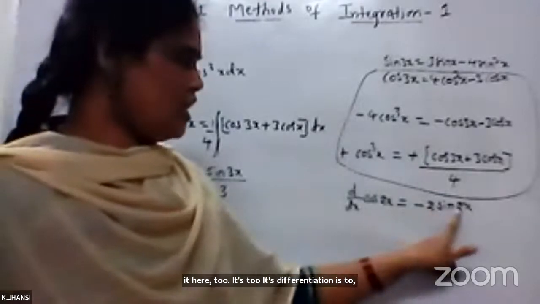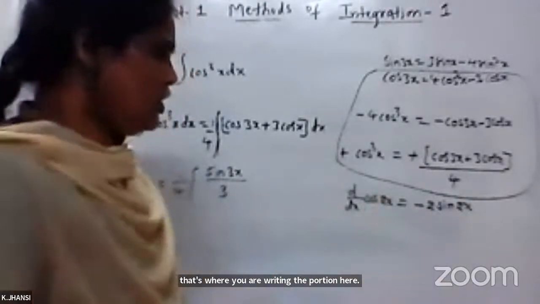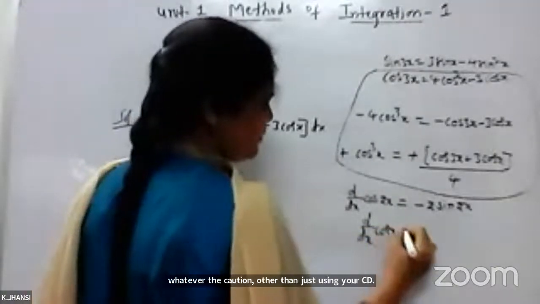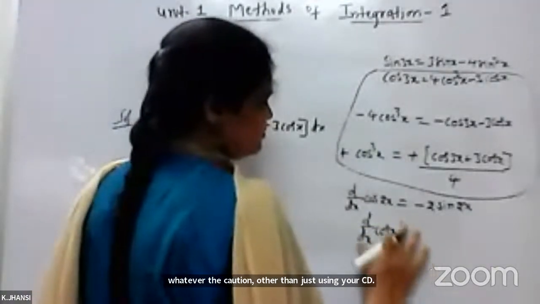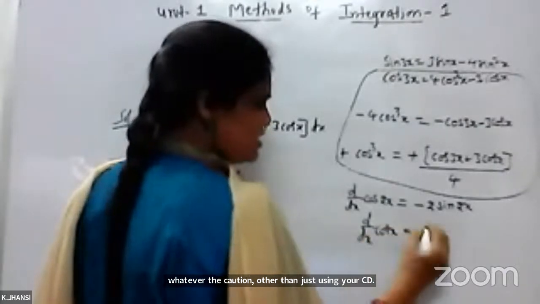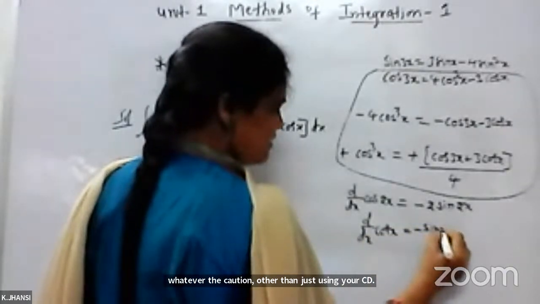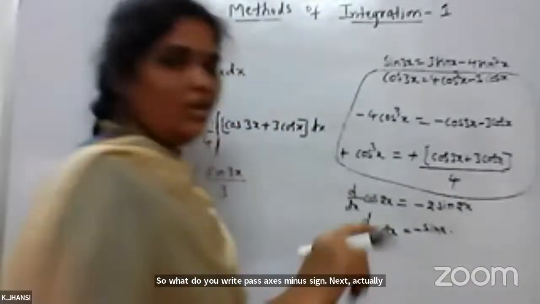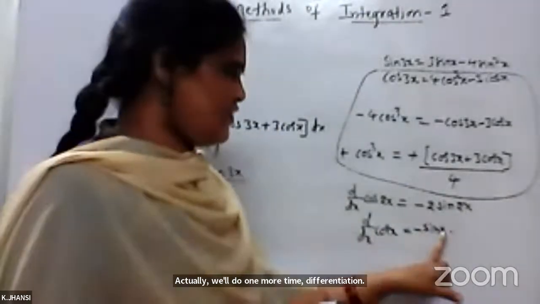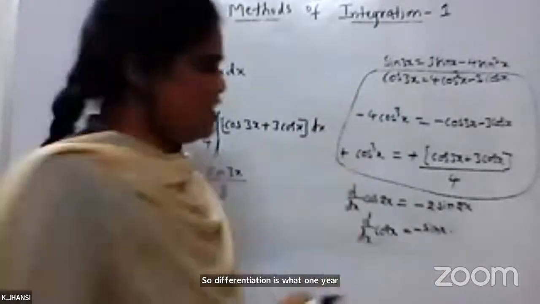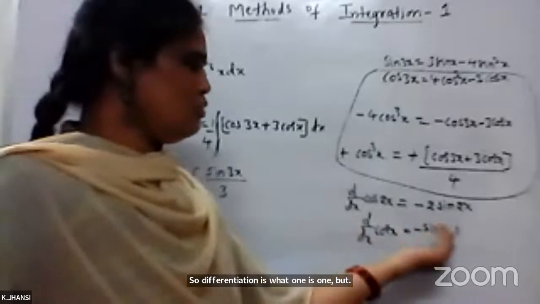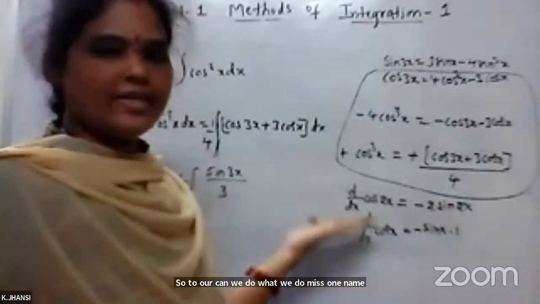Whatever the coefficient is, see, d by dx of cos x is minus sin x. Actually we would do differentiation one more time: the differentiation of x is 1. So here it is 1, but for our convenience, if you multiply by 1, you get the same minus sin x.